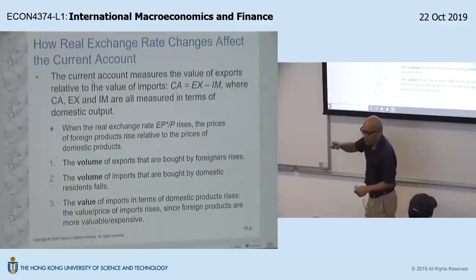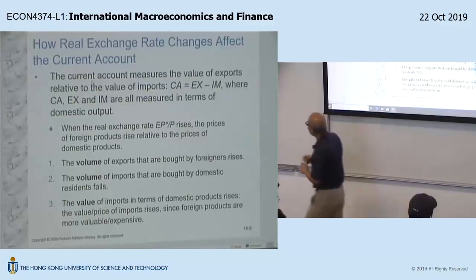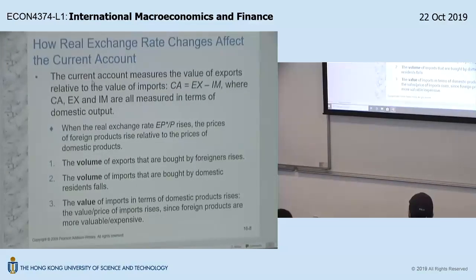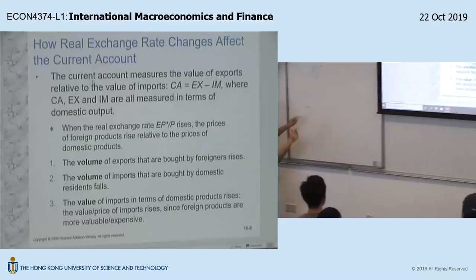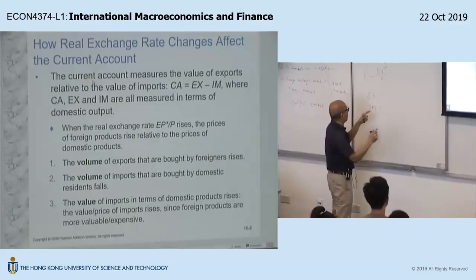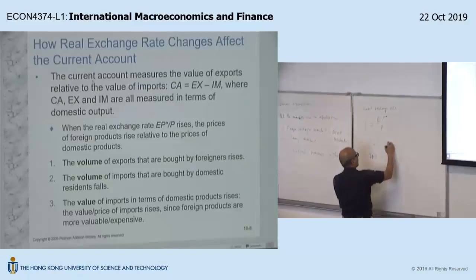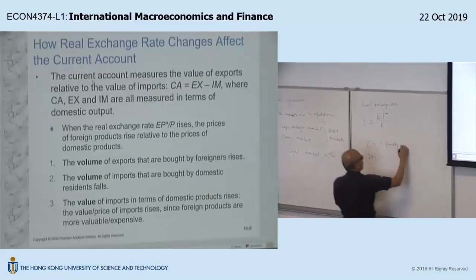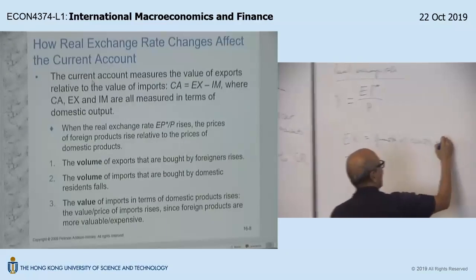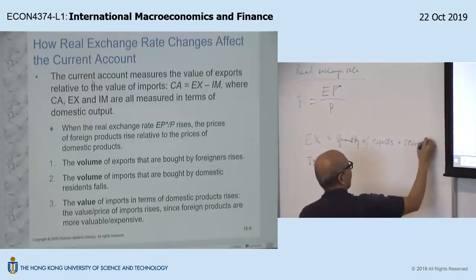However, you have to remember that export is not just the quantity, right? It is the quantity of exports multiplied by the price of exports.